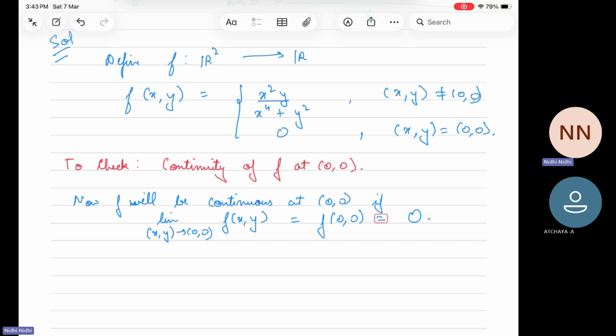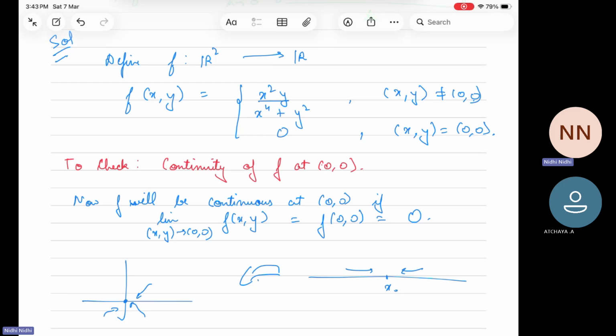Now when it comes to evaluating the limit in R2, if you remember, in the case of one variable, in order to check the limit as x tends to x naught, we used to check the left hand limit and the right hand limit. We used to see how the function behaves if we take the values of x towards x naught from the right hand side and left hand side, and if both these limits are the same, then we would say that the limit exists. But now, in R2, in order to reach some point, there are infinite directions.